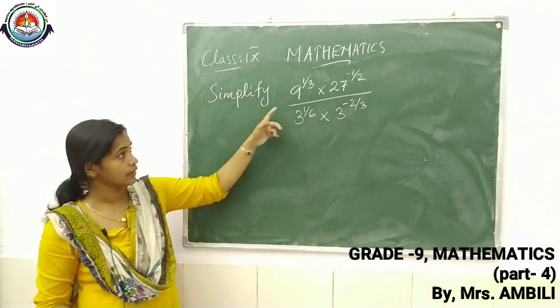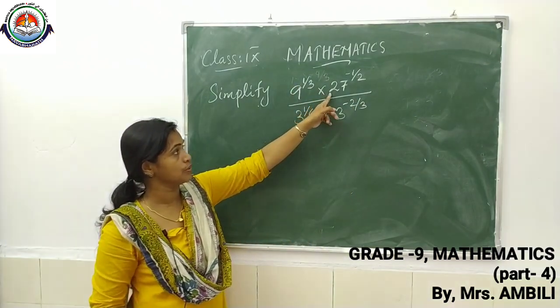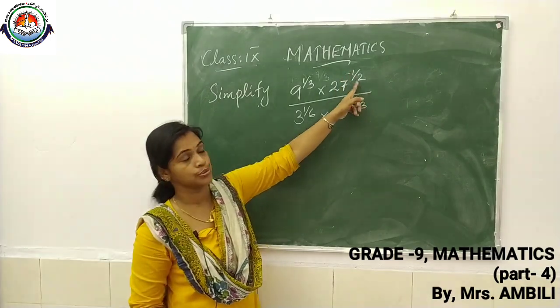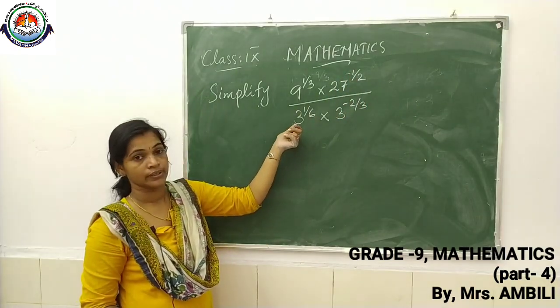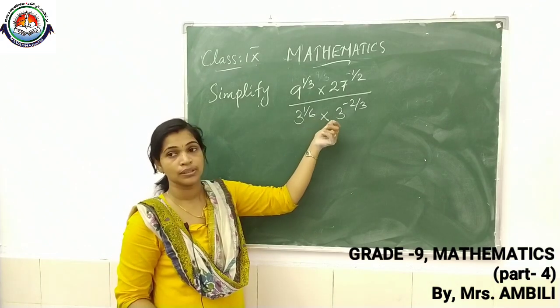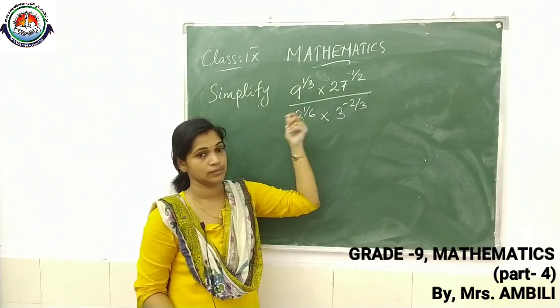Are you writing? Okay. Question: 9 raised to 1 by 3 into 27 raised to minus 1 by 2 divided by 3 raised to 1 by 6 into 3 raised to minus 2 by 3.